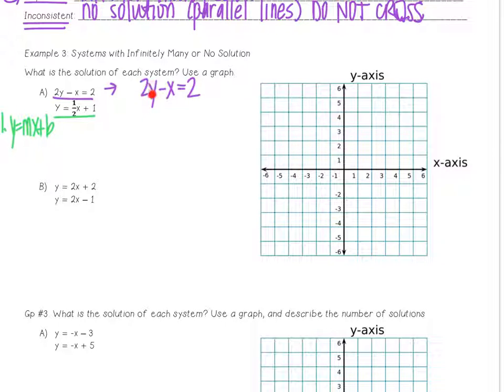So I have to get y by itself. First I'm multiplying by 2, then subtracting x. So the opposite of that would be add x, and we get x plus 2, and then divide by 2. And we get y equals 1/2 x plus 1.